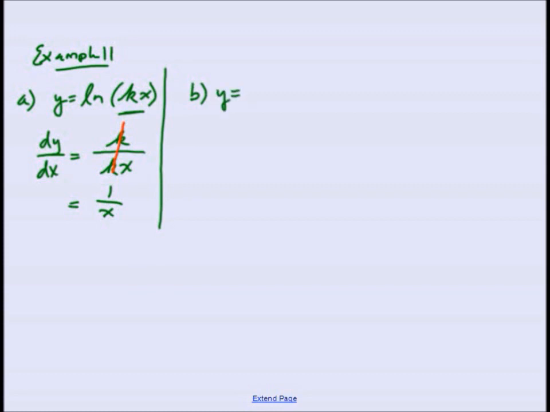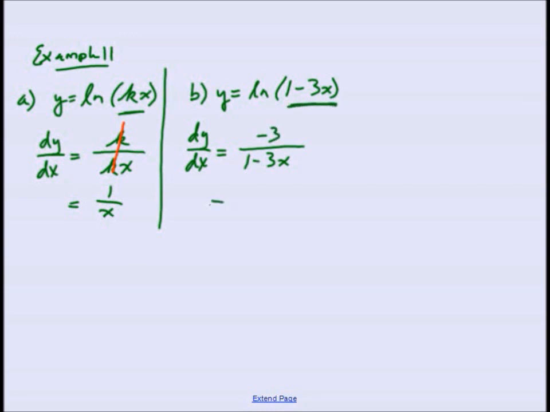Part B, y equals ln of 1 minus 3x. So the derivative is, in the denominator is just that function after the ln, and in the numerator is the derivative of that function, which is just negative 3.